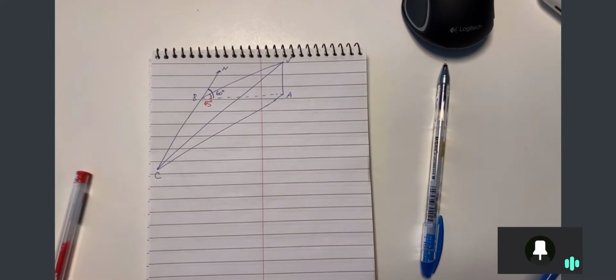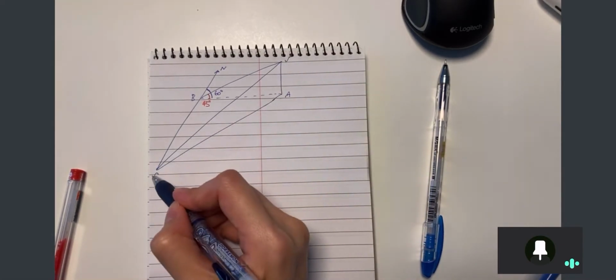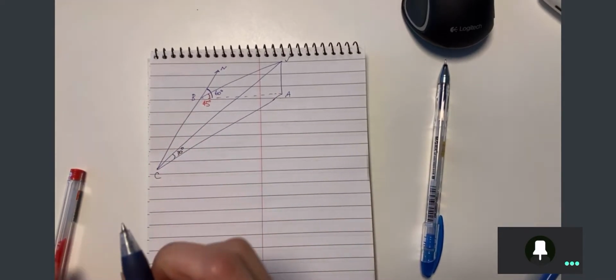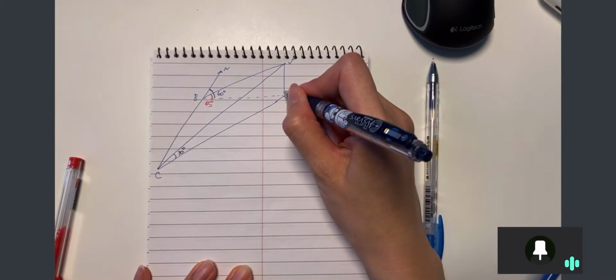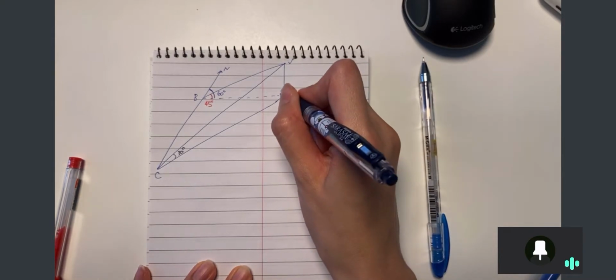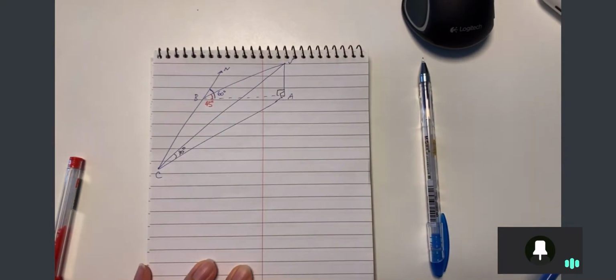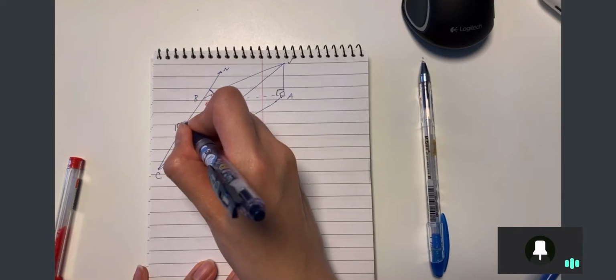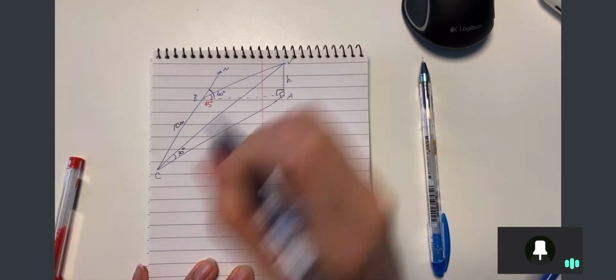And then VCA is 30, which is this is a right angle and this is also a right angle. Okay, and then BC is 10 meters, and then we have to find out H.